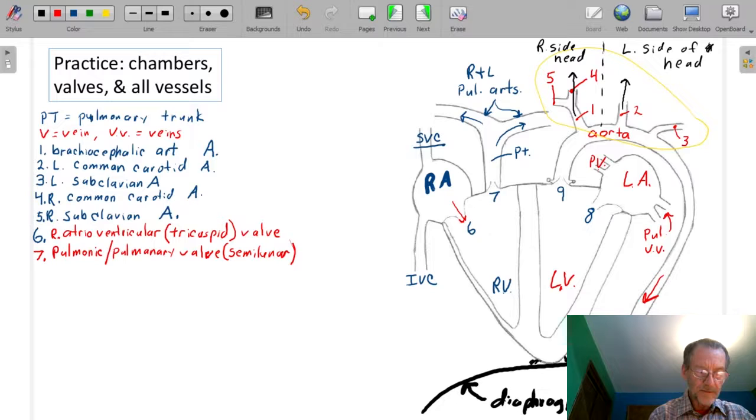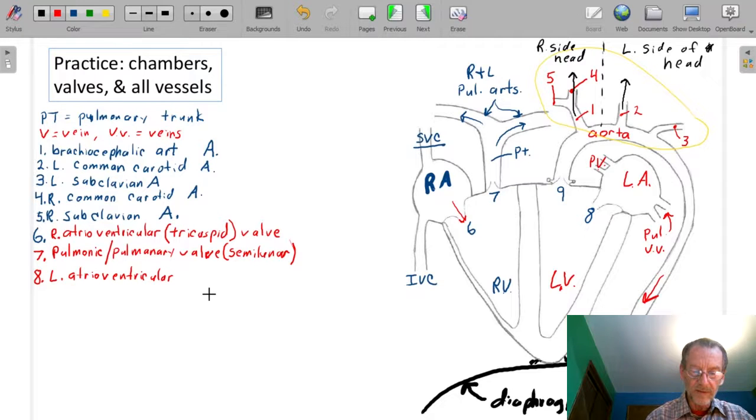Number 8 is the third valve, and that is the left atrioventricular valve. Let me give some other abbreviations for it first.